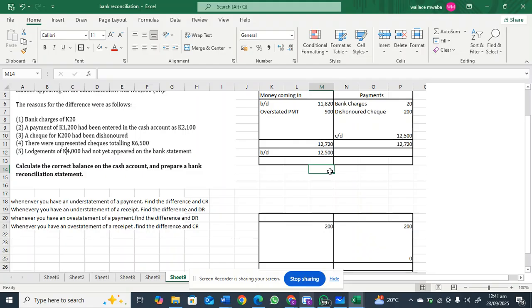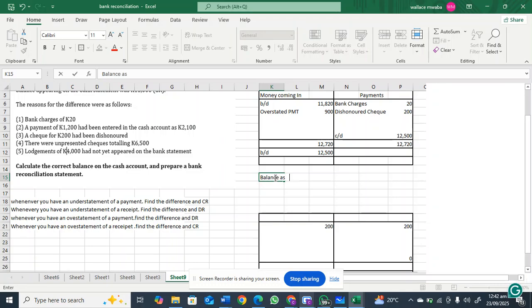Now we go to the bank reconciliation statement. Whenever you're making a bank reconciliation statement, you can either start with the balance of the bank statement that you've been given in the question, or you can start with the new balance for your cash account. So we'll start with the balance as per bank statement, because this one's the easiest to follow through.